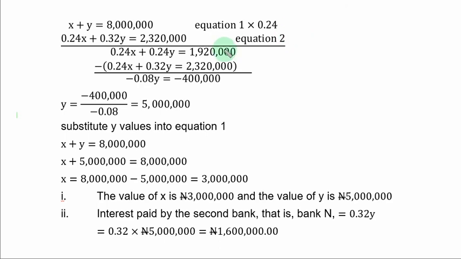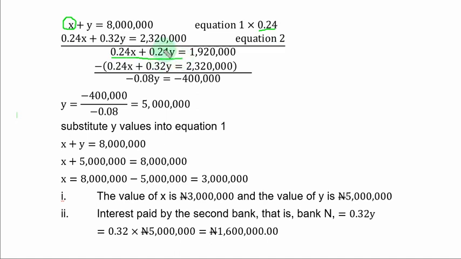So we have the two equations 1 and 2, and I want to eliminate variable S. To achieve that, variable S needs to have the same coefficient in both equations. So you multiply equation 1 by 0.24. So equation 1 becomes 0.24S plus 0.24Y.